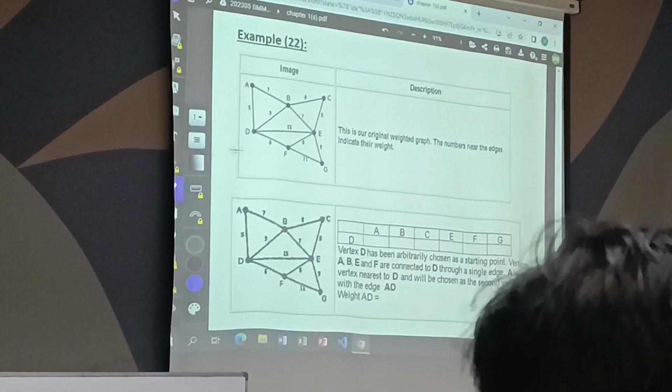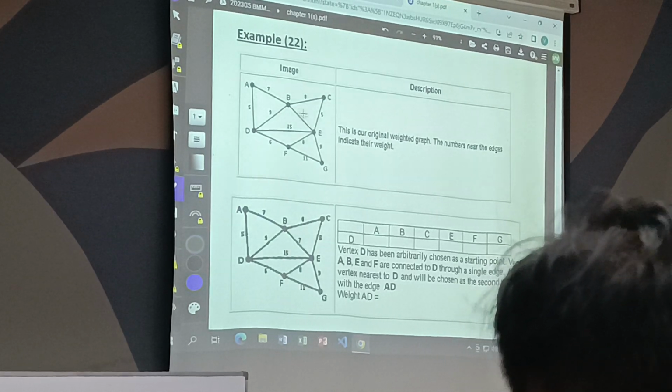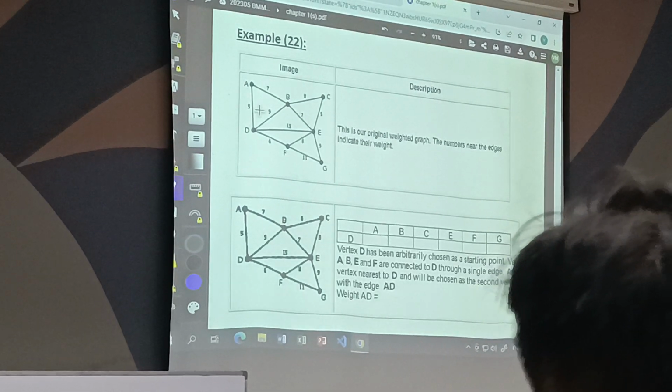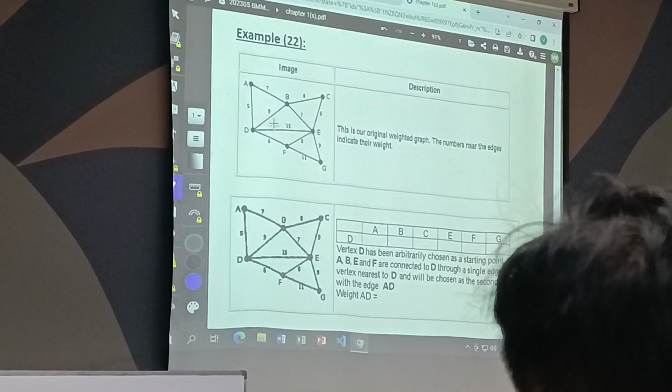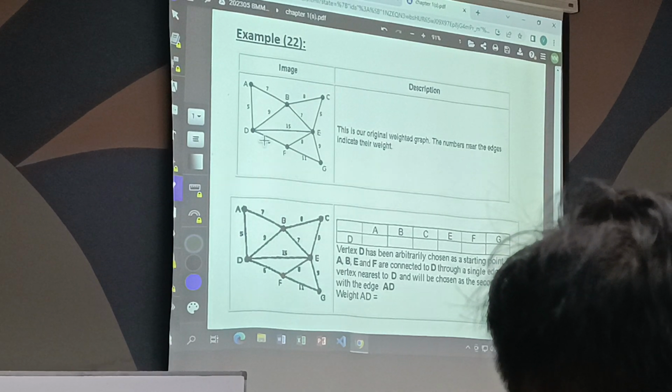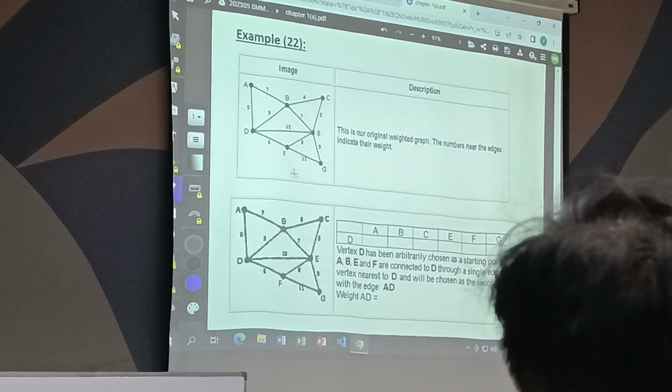So the first thing you need to do is find the edges that are connected to D, but this time you need to write out the weight. For example, D is connected to A, B, E, and F, right?